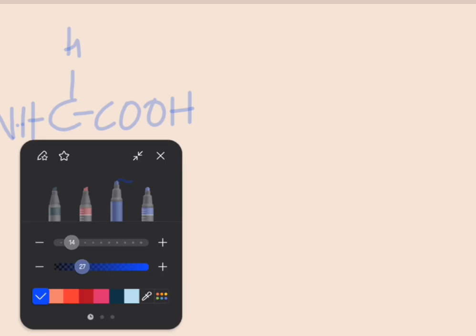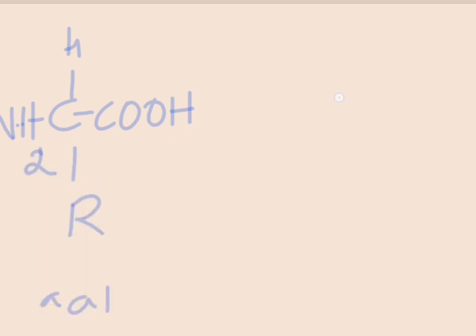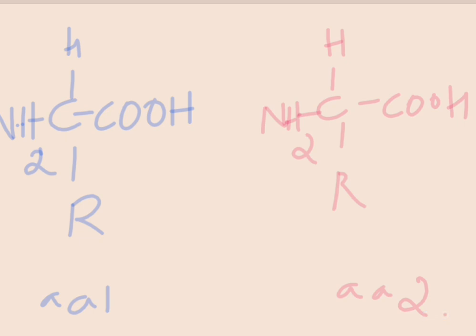I'm going to draw it with another color. So let's say we have another amino acid 2, right? For this I have to make sure how I make this and this. So let me draw it again so that you'll be able to understand what I'm trying to say.